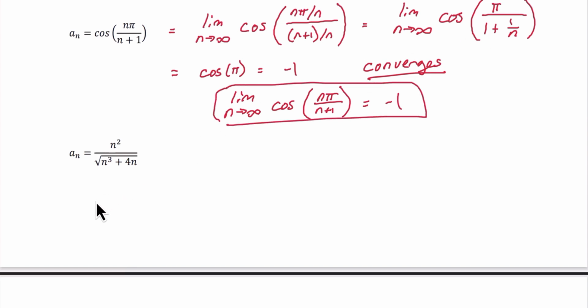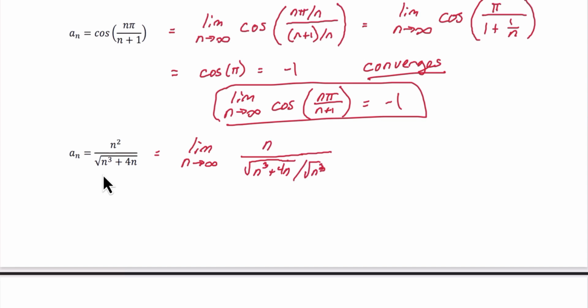In our final example, we again want to think of this as a limit, and we're going to let n get really big and divide the top and the bottom by the highest power of n that occurs in the denominator. So we have to be careful with this one. In the denominator, we have the square root of n cubed plus 4n. We're going to divide that by the square root of n cubed.